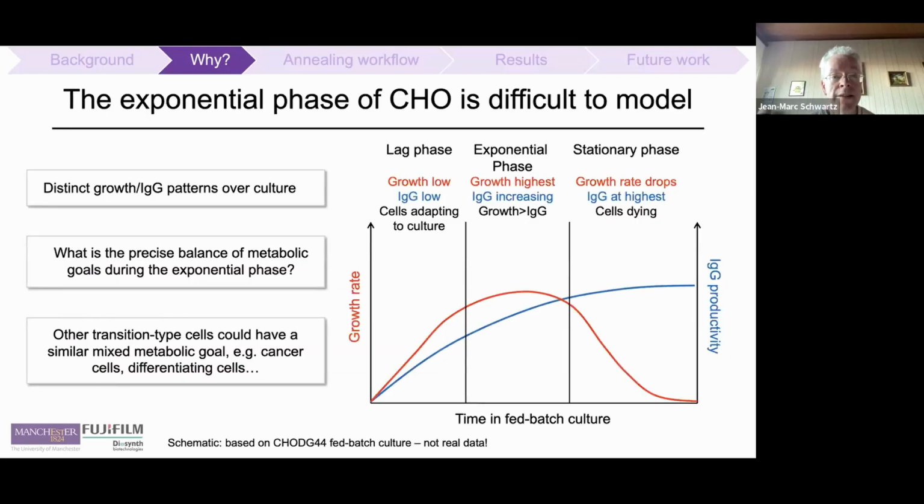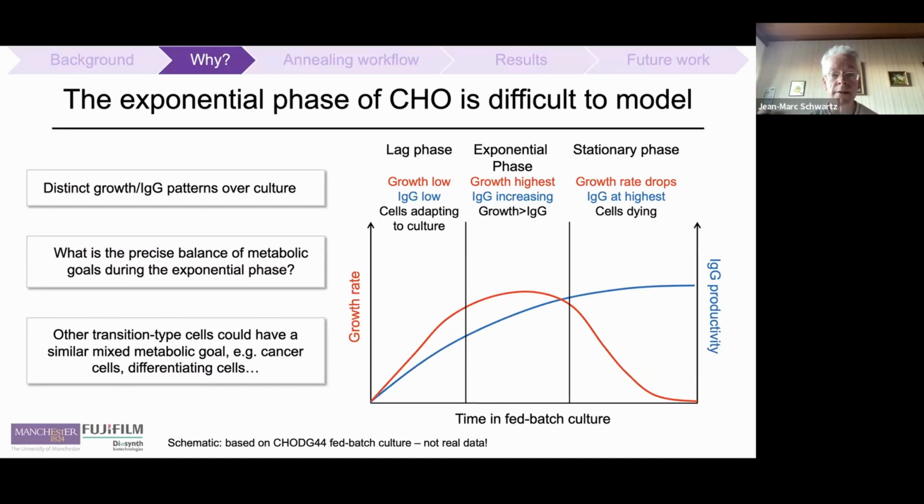So in the case of CHO cell cultures, this is particularly important because if we look at how the CHO cells grow and how they produce antibodies over culture time, we can distinguish three main phases.